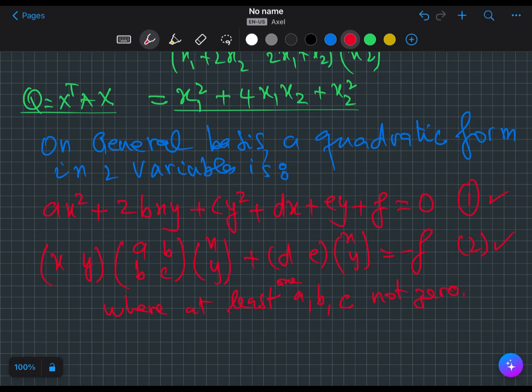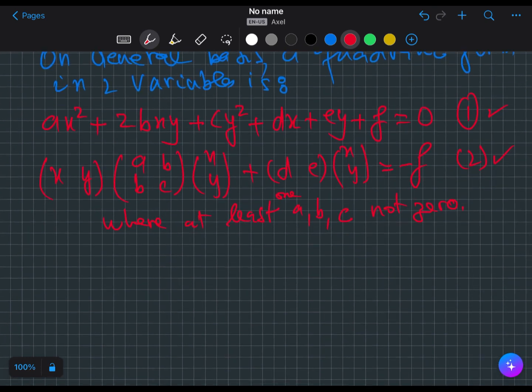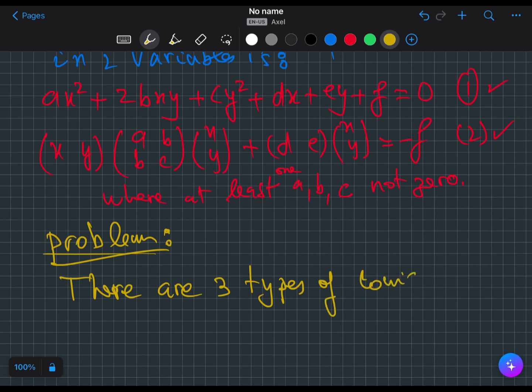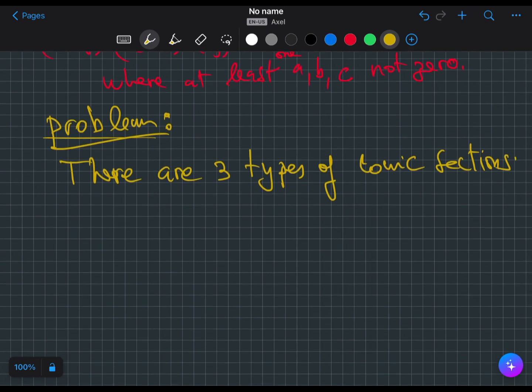Now, remember at the very beginning of this video, I told you that the main problem of quadratic forms is how we understand a quadratic equation as the graph of a conic section in the plane. So this is the main idea behind this video. And remember that there are three types of conic sections.